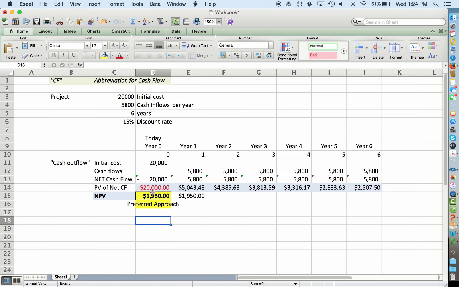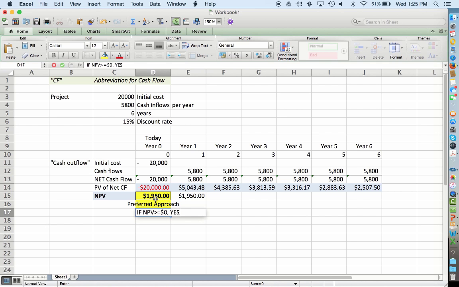So is this a project that we should do based on what we talked about? Yes, Diana, why? It's greater than 0. So the rule is if NPV is greater than or equal to 0, yes, and it is.